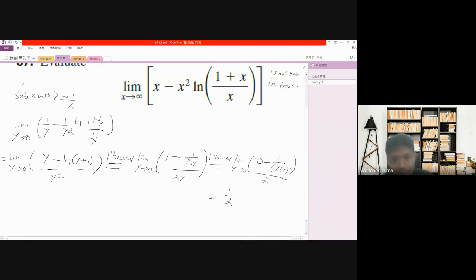So we do L'Hopital again. That's the reason. I think the hard part of this problem is to think of the idea of substituting y equal 1 over x. The rest is trivial. But if you don't do this, I think it's quite difficult to solve this problem.